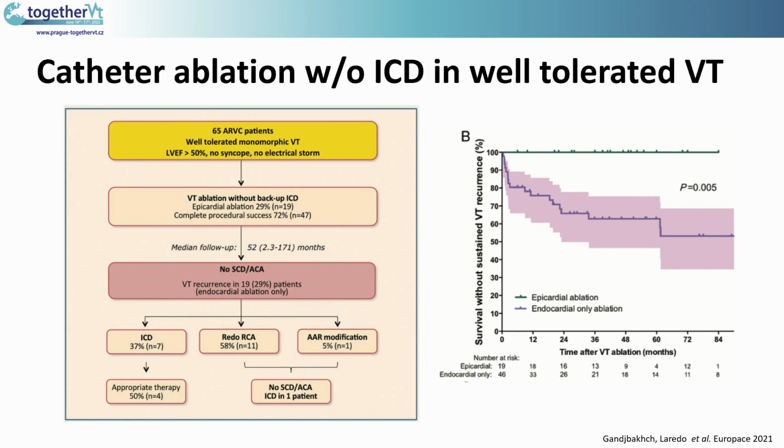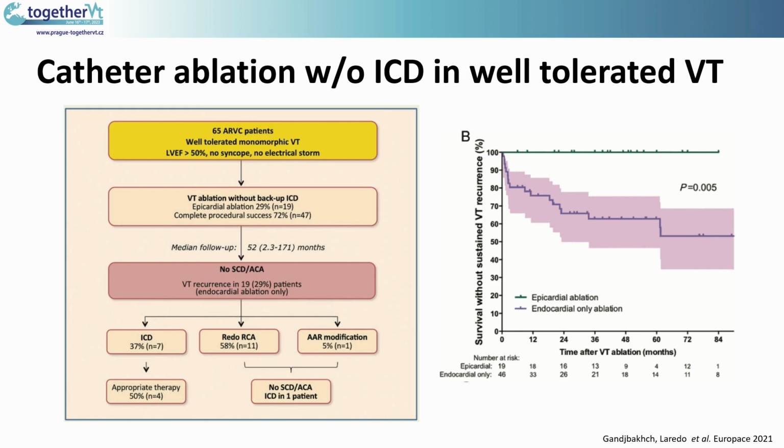The other thought is that patients with RVC, when they have ventricular tachycardia, can have very well tolerated ventricular tachycardia that can be treated in other ways than implanting an ICD. Here I presented the result of a retrospective multicenter study that we performed with other groups present in this room.